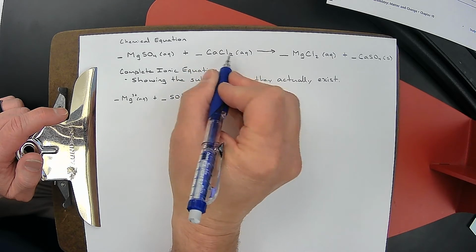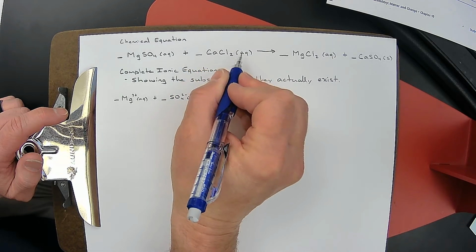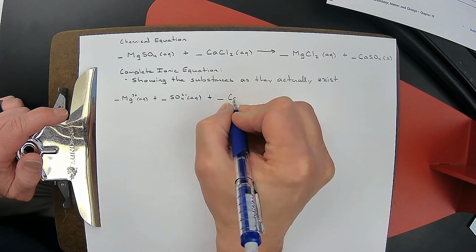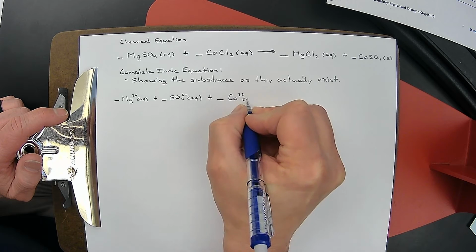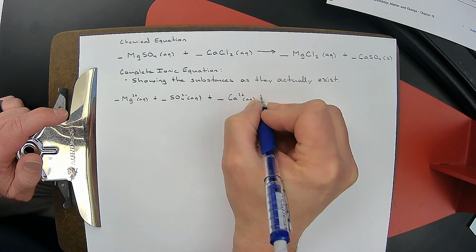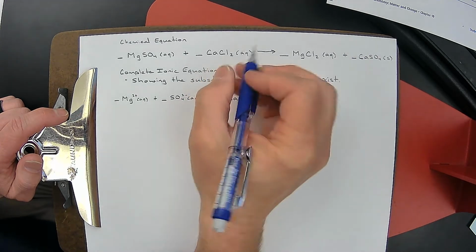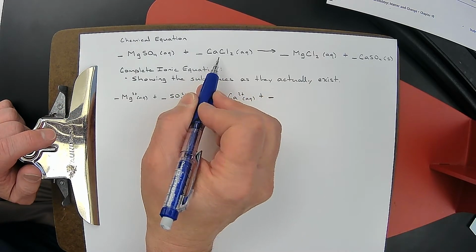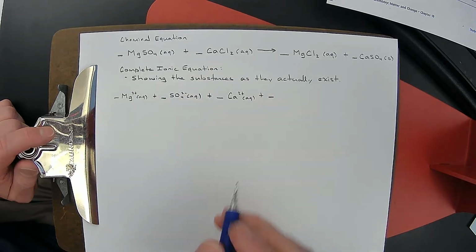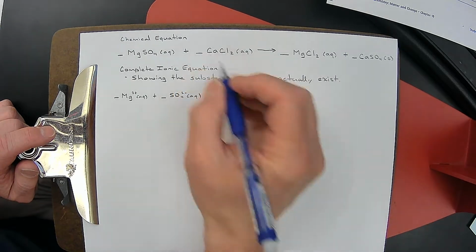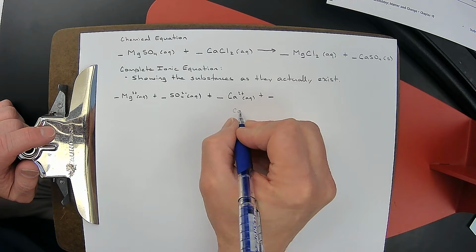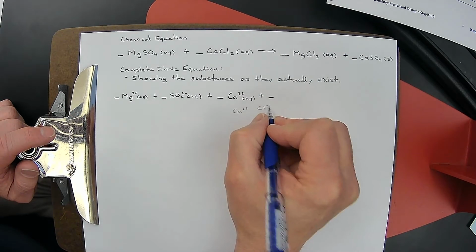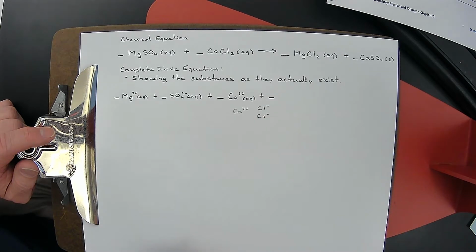We're writing it as CaCl2 aqueous, but really it doesn't exist as CaCl2. It exists as Ca2+ ions plus, now, if I were to take this CaCl2 and break it apart into its ions, really we get one Ca2+, but we get two Cl minuses.